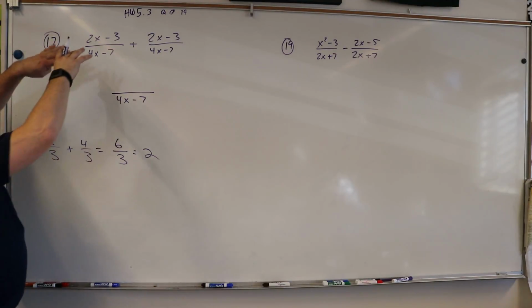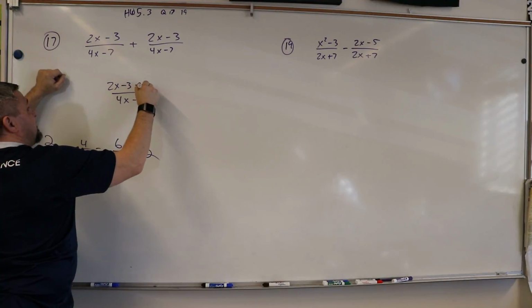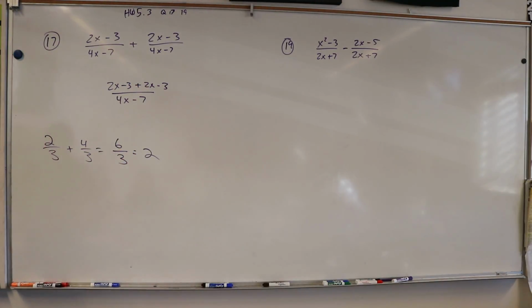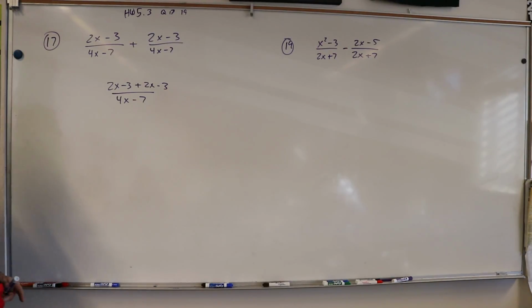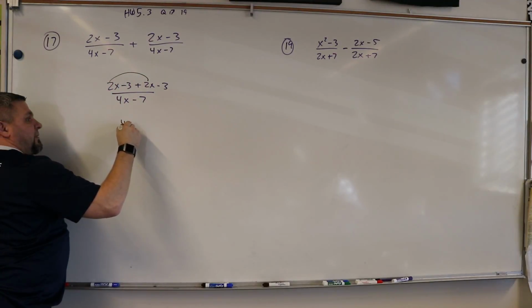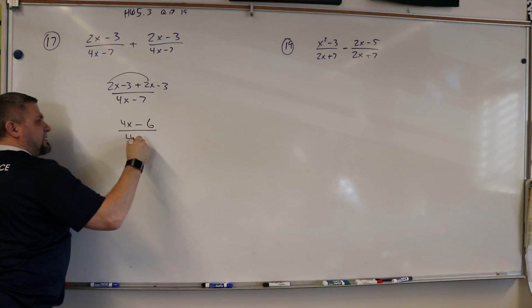And the top is going to be 2x minus 3 plus 2x minus 3. Does that make sense? They do combine. I was just kind of going slow. And then they combine how? 4x minus 6, right? Over 4x minus 7.